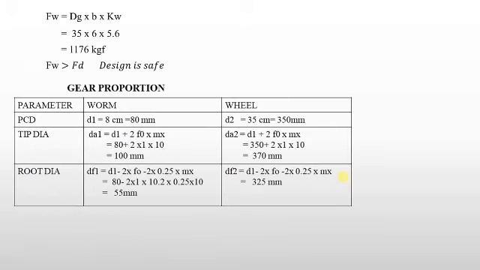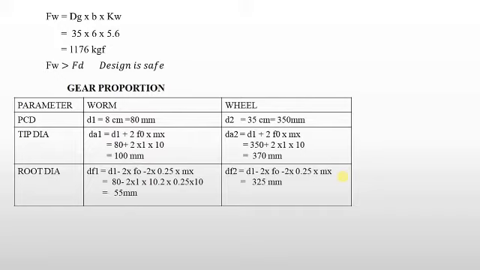Check for the wear load. The equation for wear load is PSG 8.52, which is wear load divided by FW. Now Dg into P into power in kilowatt. Now the step 16, check for the wear load.